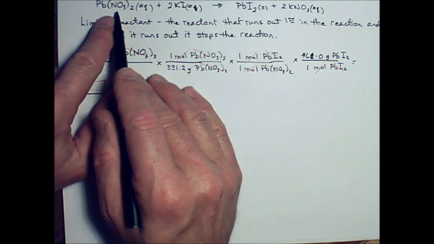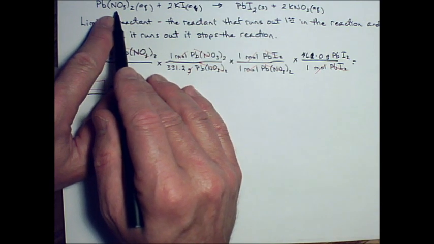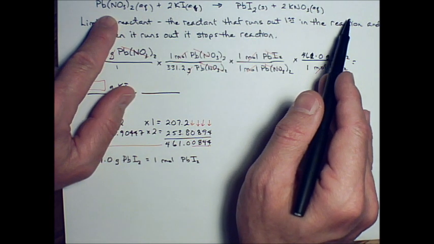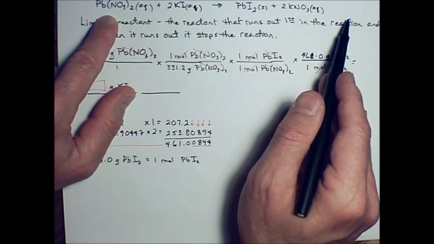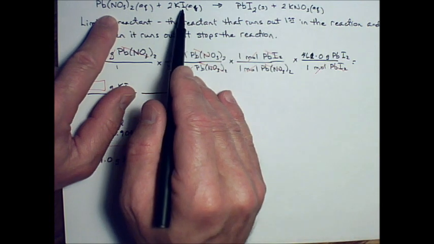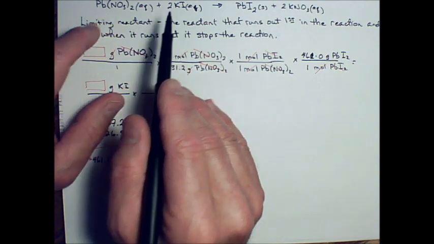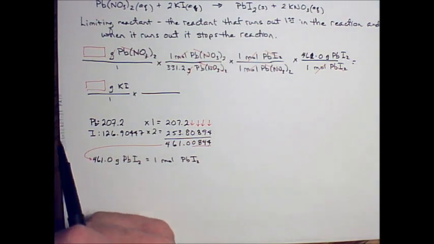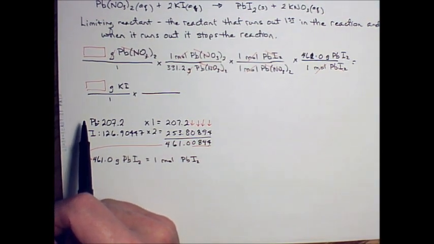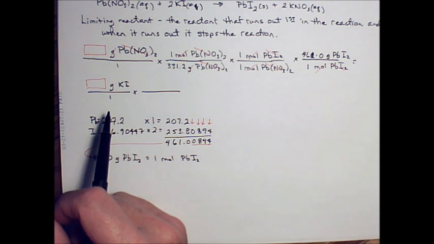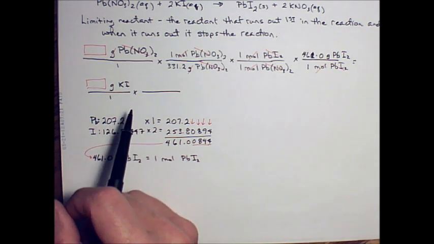If you start with your amount of lead nitrate and calculate your theoretical yield, and the mass you end up with is exactly the same as the given amount of potassium iodide, is that what you're asking? It doesn't matter which one you start with.